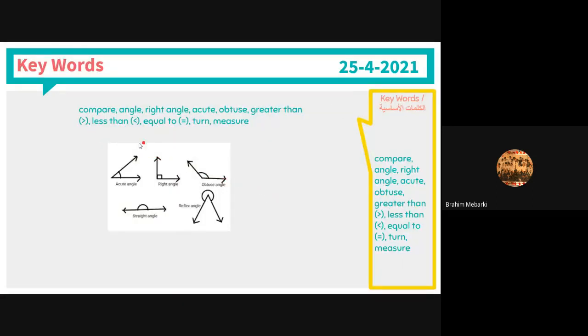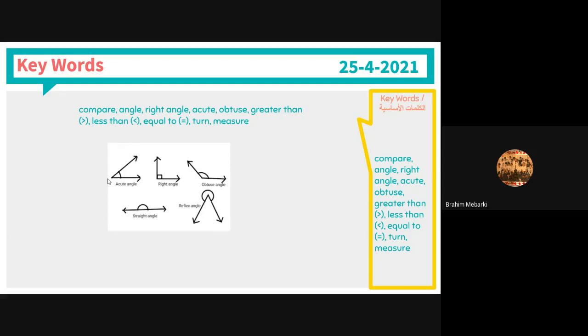Okay, these are the most important keywords in our lesson. To compare: when you compare two things, it means you decide which one is greater or which one is smaller. Angle: this is the corner in a shape. When two lines meet together, they form a corner called an angle.